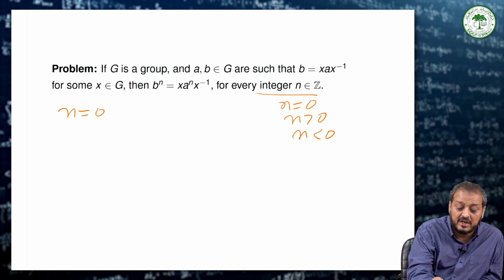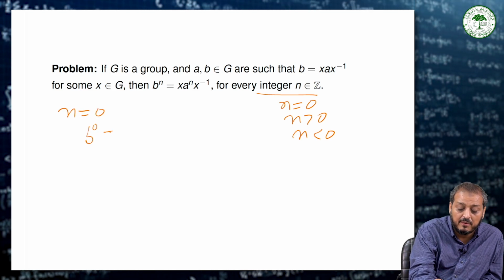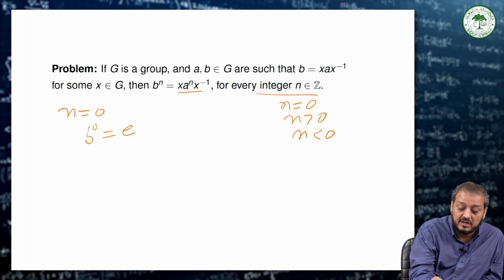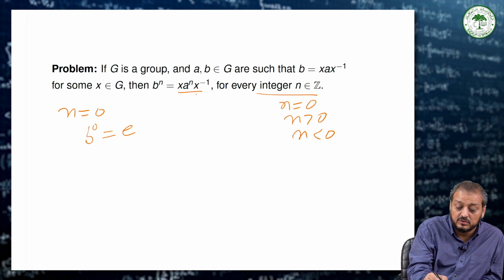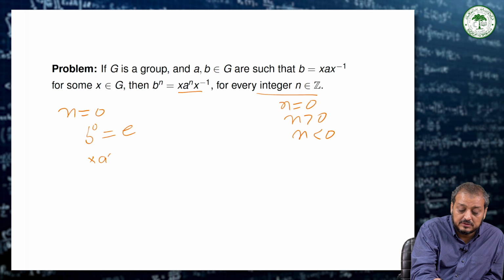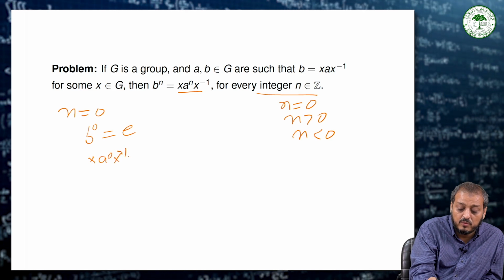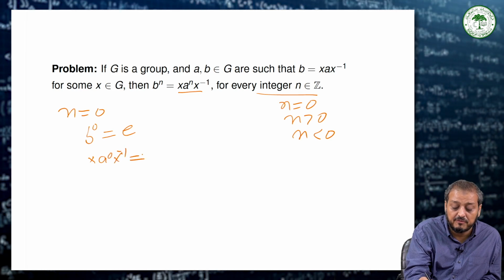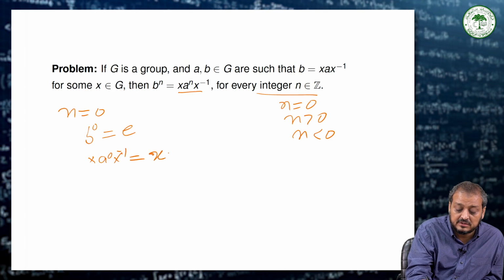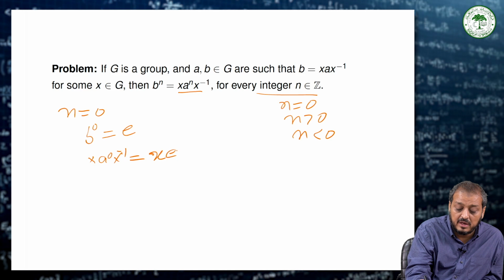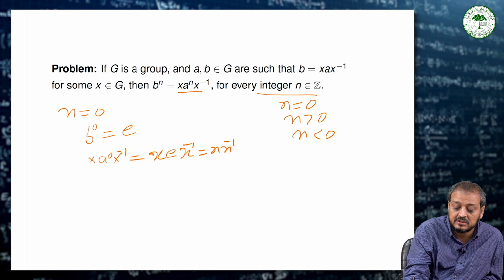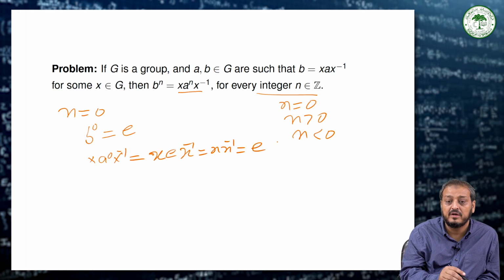0, then b to the power 0 is equal to the identity element, and from this side we have x a to the power 0 x inverse. This can be written in the form x identity x inverse, which is equal to x x inverse, which is equal to identity.